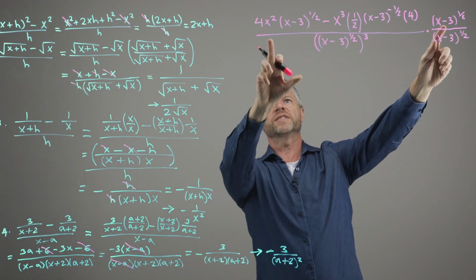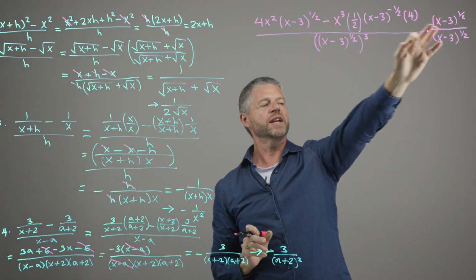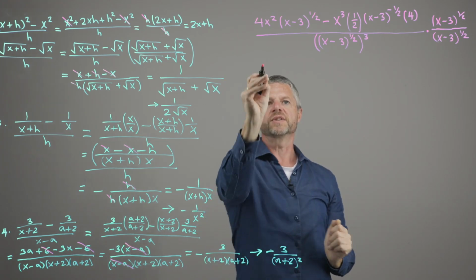So if I think first about this first term, the x minus 3 to the halves will just collapse into x minus 3.